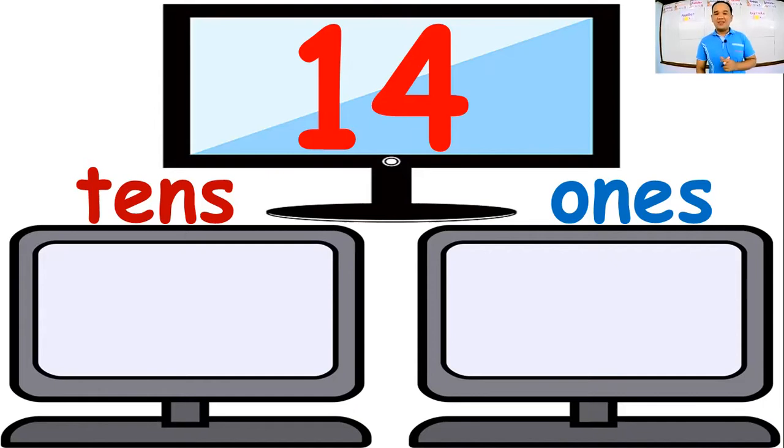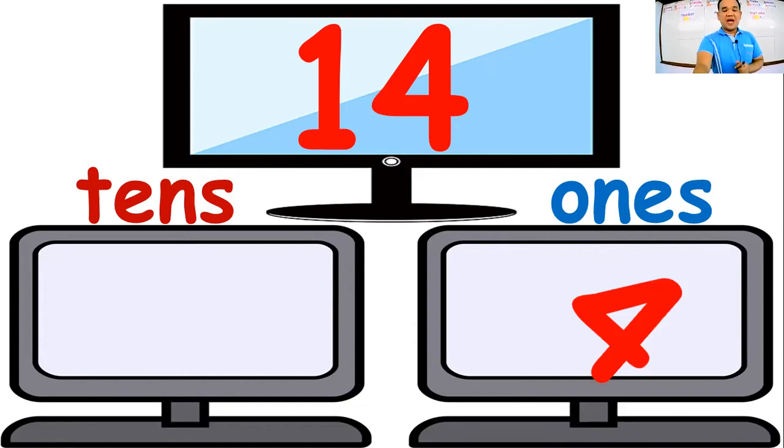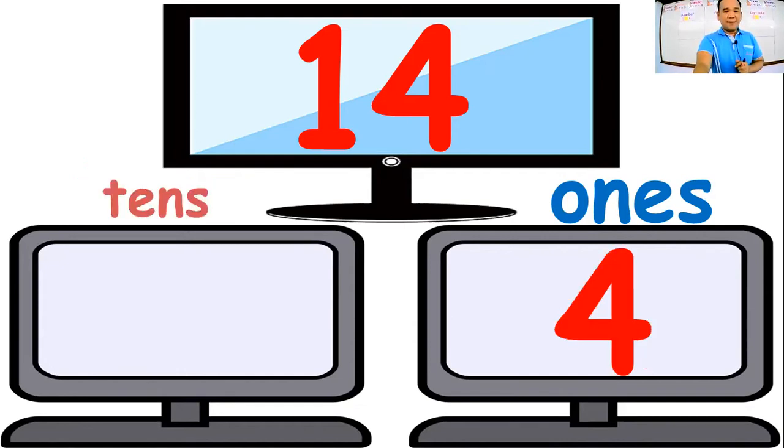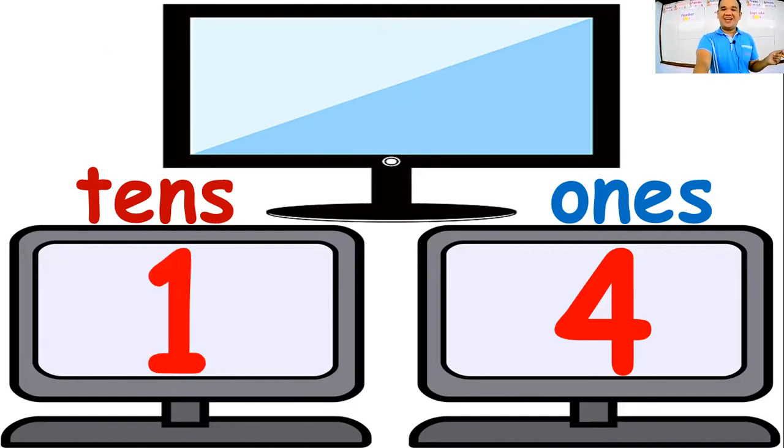So let us identify who is the tens and who is the ones. In number 14, who is the ones? You answered yesterday, the ones is number 4. That's right. And our tens is number 1. Okay, that's very easy.